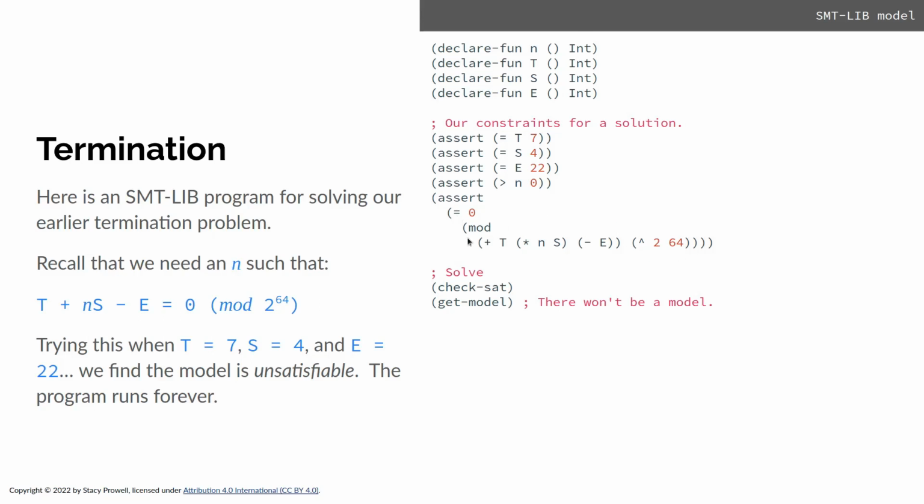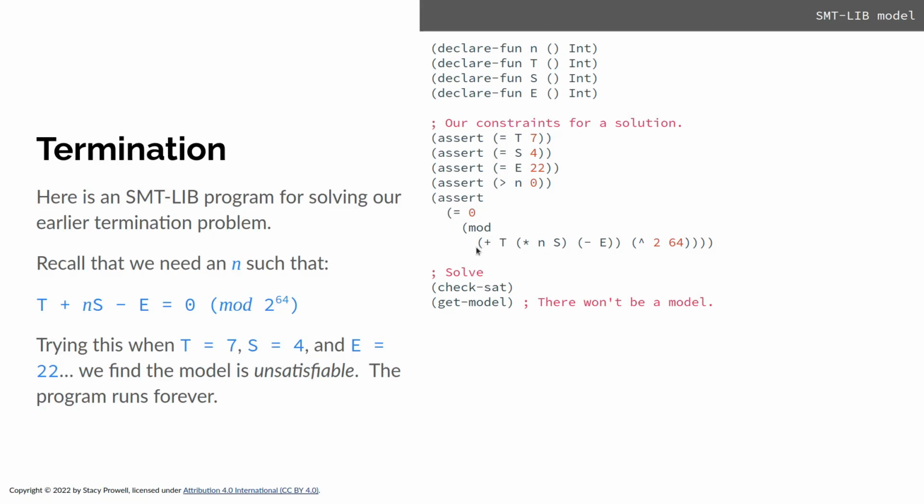So what I'll do is I'll take N times S. I will add T and subtract E, right? So if you're not familiar with Lisp, this may be causing your brain to hemorrhage, but this makes a negative E. That's N times S, that's T, and then I add all three of those together.